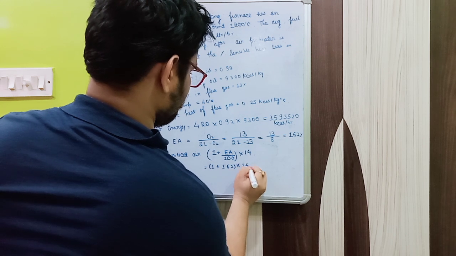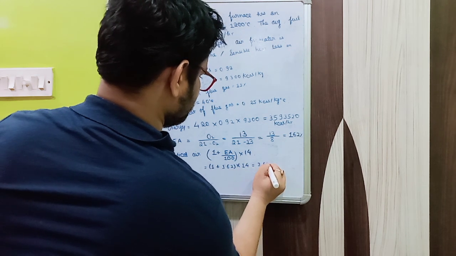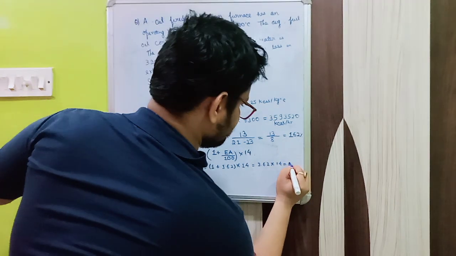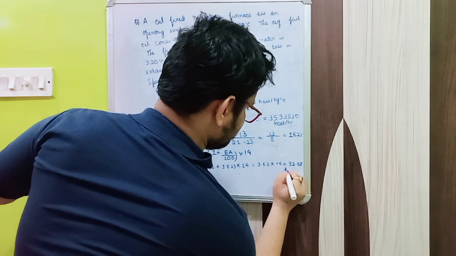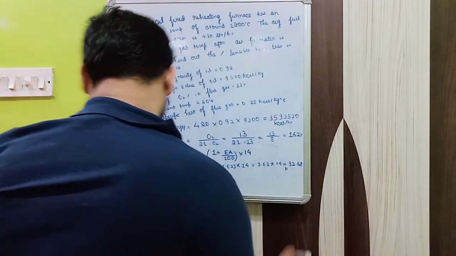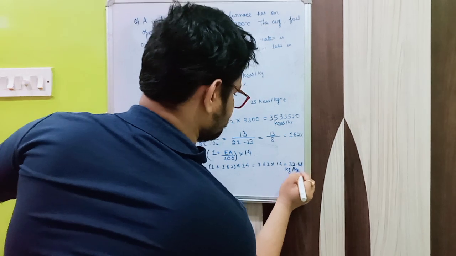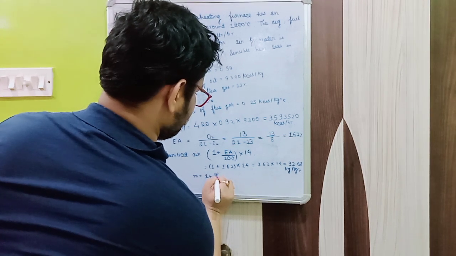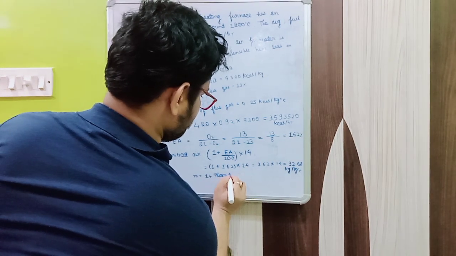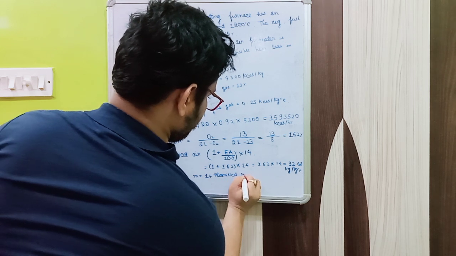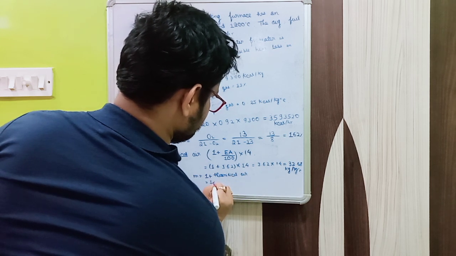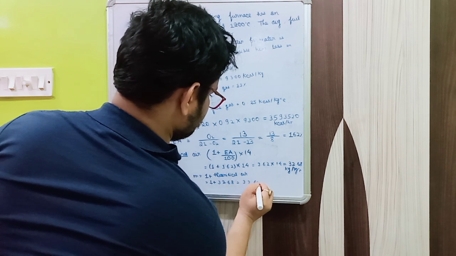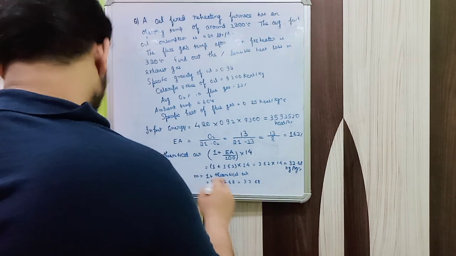If we multiply this, the value comes to 32.68 kg per kg. So what is the value of M? M is 1 plus theoretical air, that is 1 plus 32.68, which is 33.68. So this is the value of M.